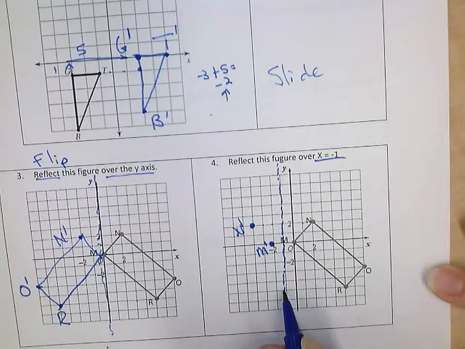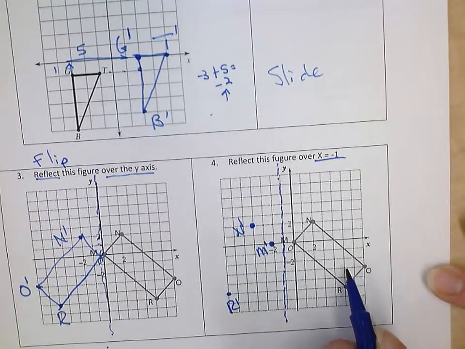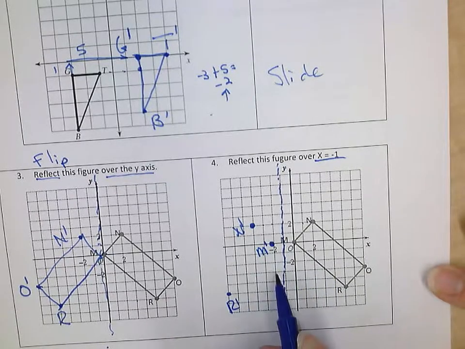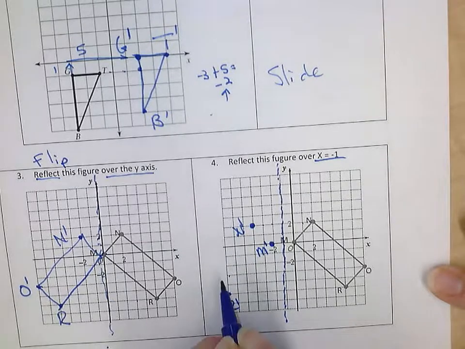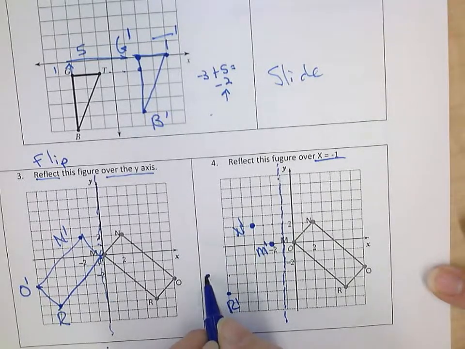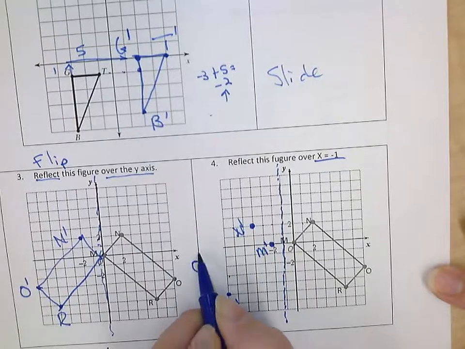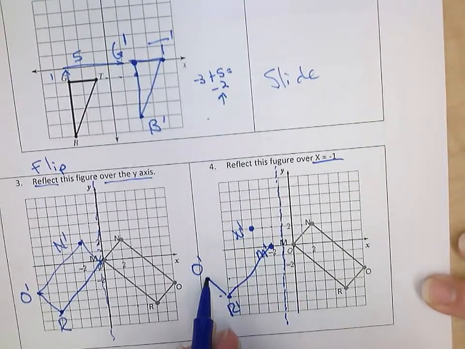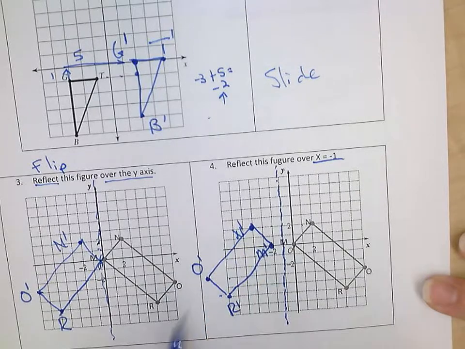So we're going to do the same thing, 1, 2, 3, 4, 5, 6, and our R prime. For O, 1, 2, 3, 4, 5, 6, 7, 8. Oh, we're off our graph. 7 and 8. We'll just put it right over here and make sure that we make it look like the same size and shape in here.